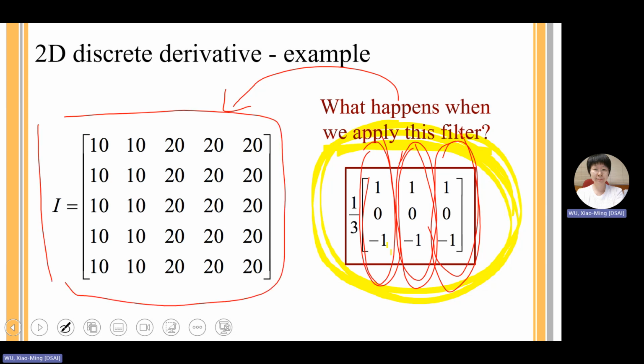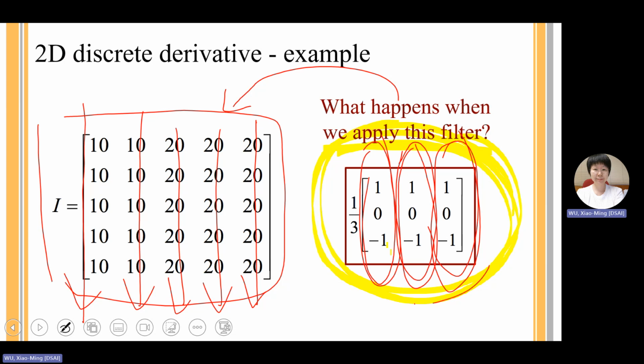Well, for this image, each column has the same value, indicating that there isn't any change along the vertical direction, right? Along the vertical direction, there's no change in pixel value.